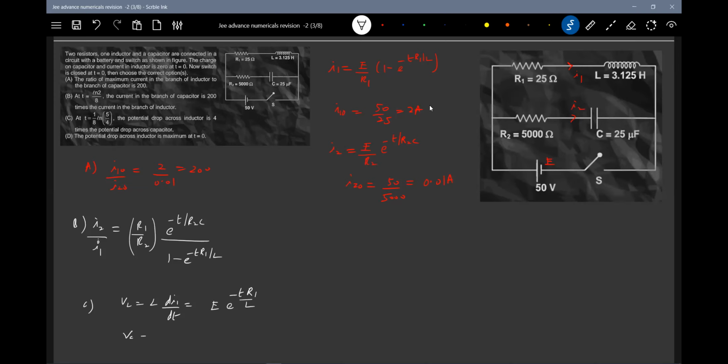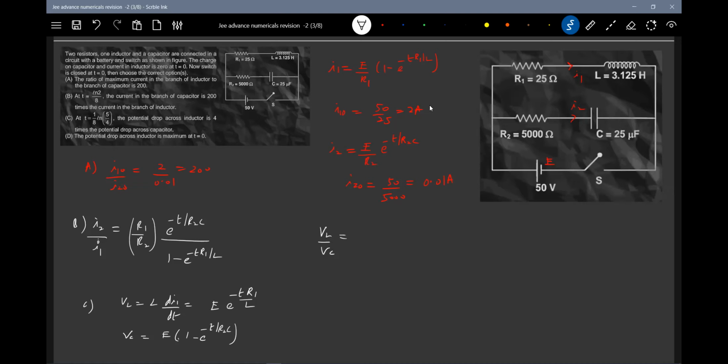Similarly, potential drop across the capacitor. We need the charge. Okay, directly we can write it, E into e to the power of minus t by R2C. So the ratio of this is asked, VL by VC.